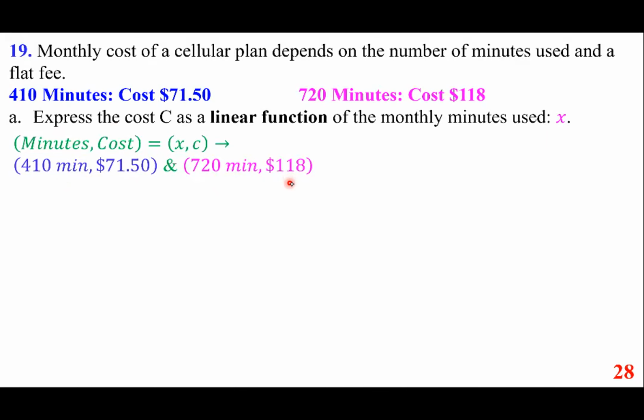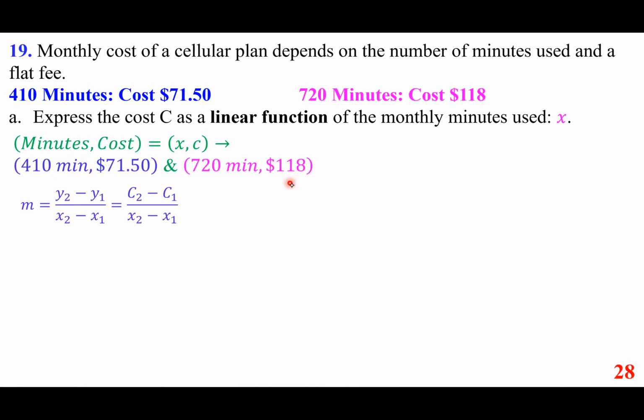So we have to find the slope m, which is rise over run. y sub 2 minus y sub 1 over x sub 2 minus x sub 1 becomes C sub 2 minus C sub 1 over x sub 2 minus x sub 1. Normally we had x and y, and y is being replaced by C, or cost.